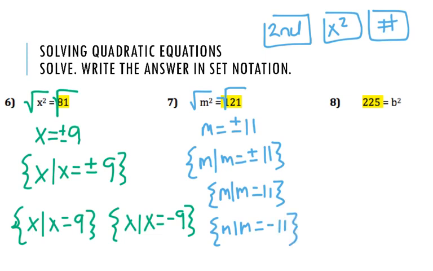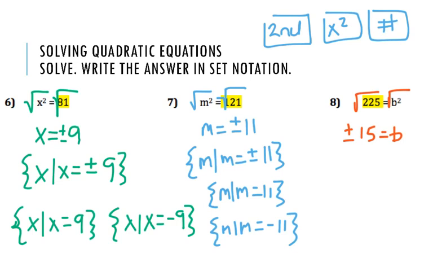Okay, number 8. Again, we have 225 equals b squared. So we have a variable squared. To undo that, or do the opposite of it, we take the square root of both sides of our equation, and we get that b is equal to the square root of 225, which is 15. So we're going to have positive 15 and negative 15.